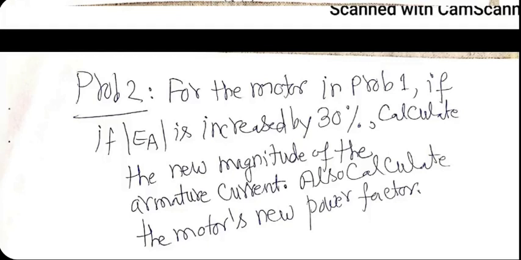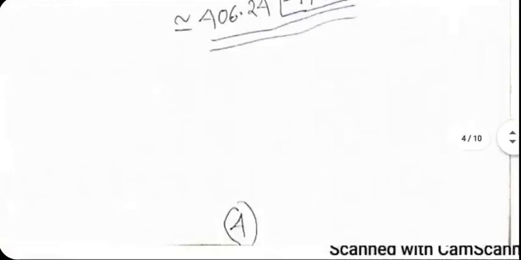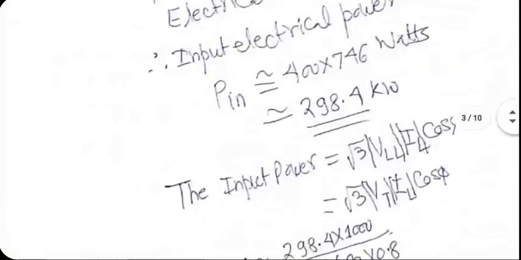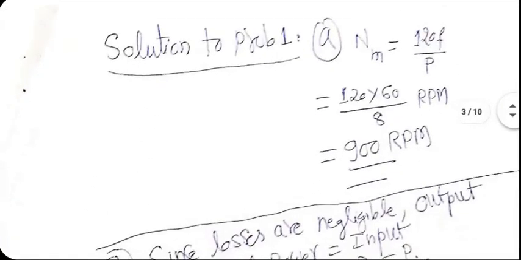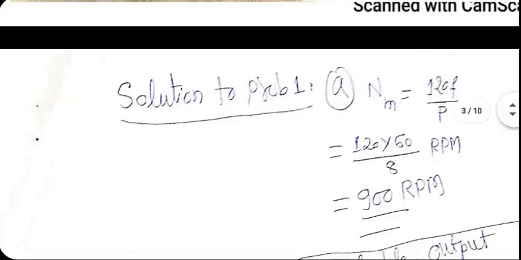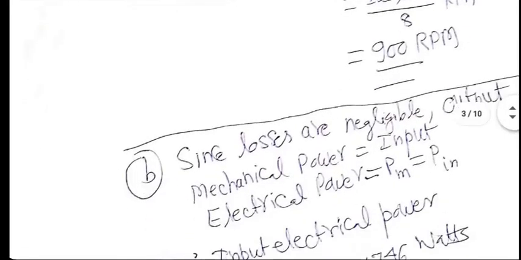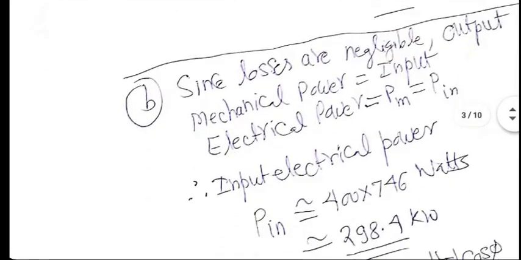I'm assuming that speed will not change because we are not changing the number of poles or the frequency. So part A of problem 1 will not change, even if EA has been changed to 1.3 of the value that we saw in problem 1.